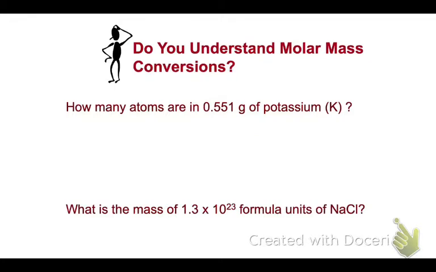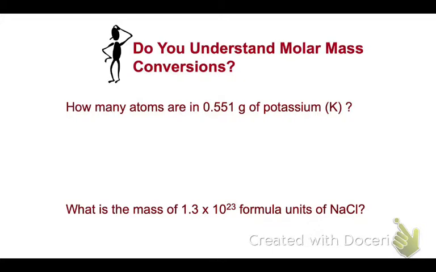What is the mass of 1.3 times 10 to the power 23 formula units of sodium chloride? Let's see how we're going to address that. Remember, we say formula units because it's an ionic compound. It is like you're saying molecule, but for ionic compounds you have to say formula units.